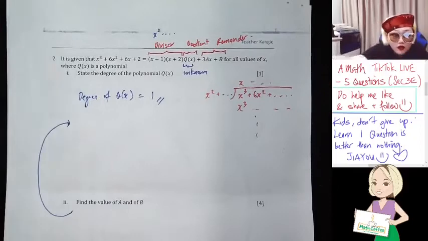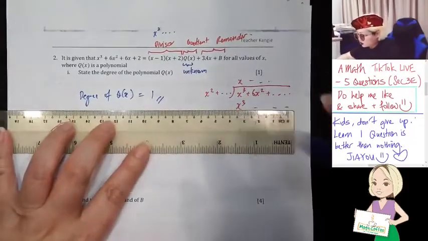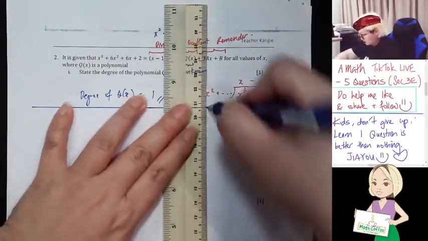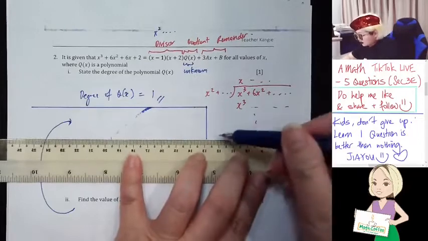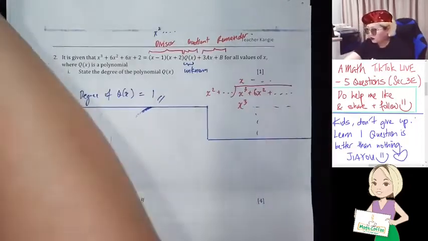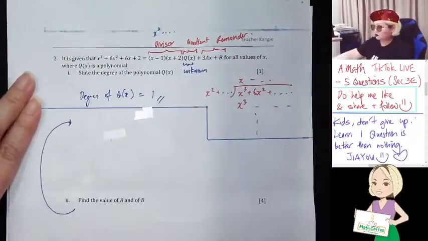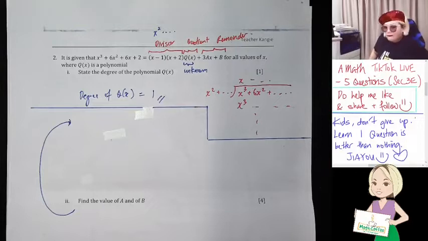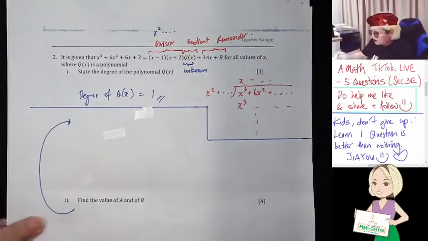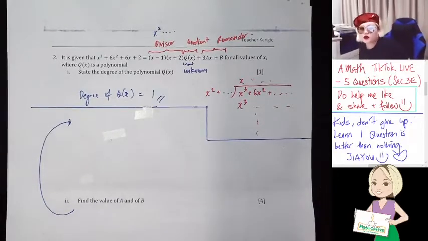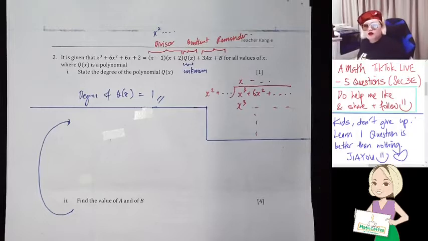So how are we going to solve for a and b? You see, you have two unknowns, a and b. When you know that you have two unknowns, you need to have two equations in order to do simultaneous equations to solve a and b.